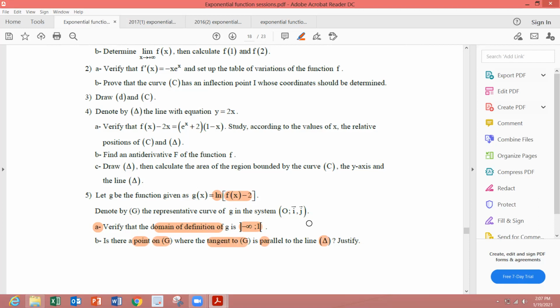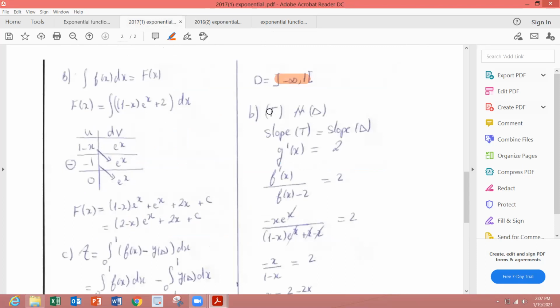Slope of tangent equals slope of delta. Delta: y equals 2x, its slope is 2. Slope of tangent is g prime, the derivative.